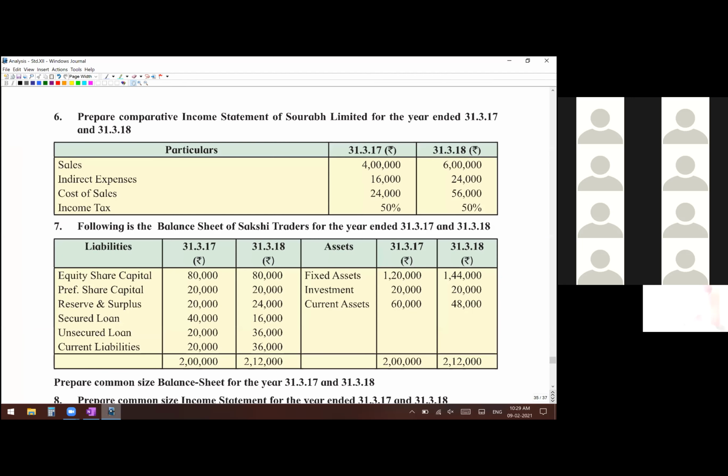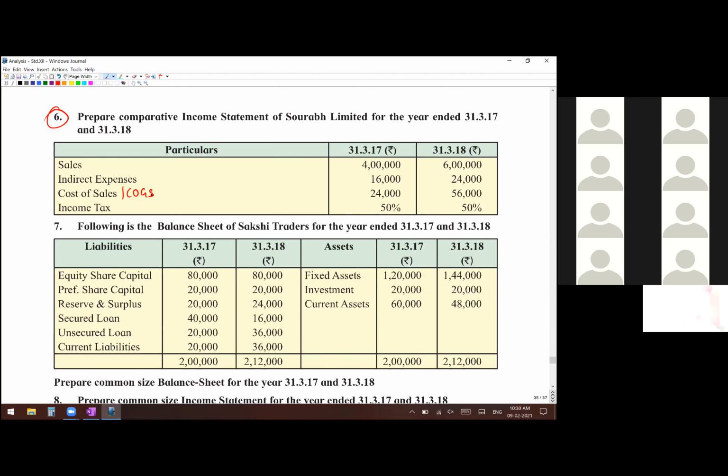Have a look at question number 6. Prepare a comparative income statement of Saurabh Limited for the year ended 31st March 17 and 31st March 18. Information in the most simple form is given there. Sales, that is your starting point. Indirect expense, cost of sales, that is nothing but cost of goods sold. And finally, you have income tax.